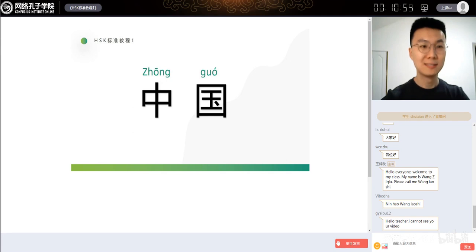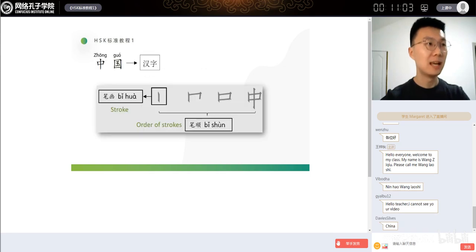这是什么? What's this? It is 中国, right? I think all of you know its meaning. And 中国 is 汉字. Every Chinese character has its own strokes. We call them 笔画.